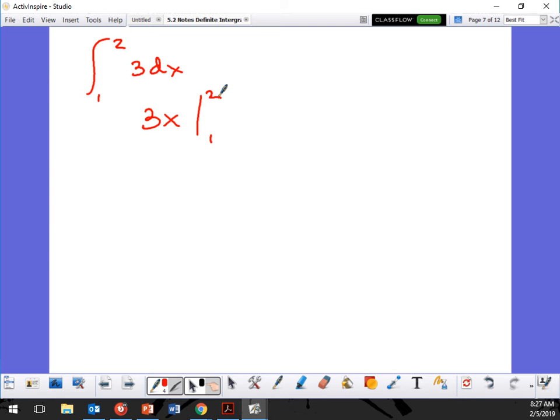All right, so my top bound is going to be 3 times 2, which is 6, right? Minus my lower bound, which is going to be 3 times 1, right? So 6 minus 3, which gives me 3.